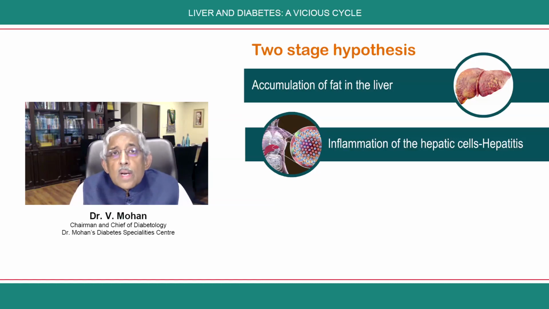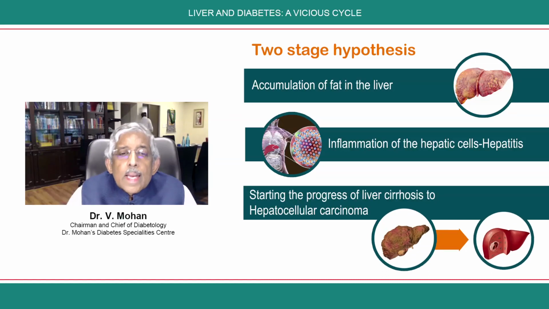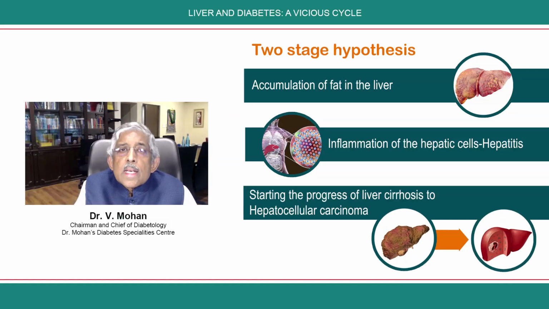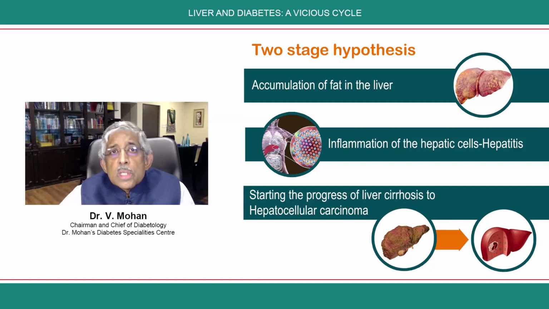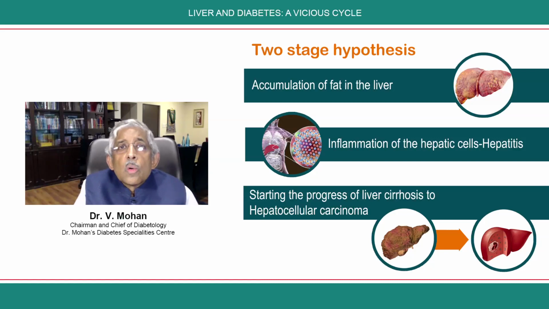So from the non-alcoholic fatty liver disease, it then goes to the stage of steatohepatitis or inflammation of the liver. Once that liver gets inflamed and you get steatohepatitis, you're setting in motion a cycle which can lead to then fibrosis, so cirrhosis of the liver, and even going on to hepatocellular carcinoma in the final stages.